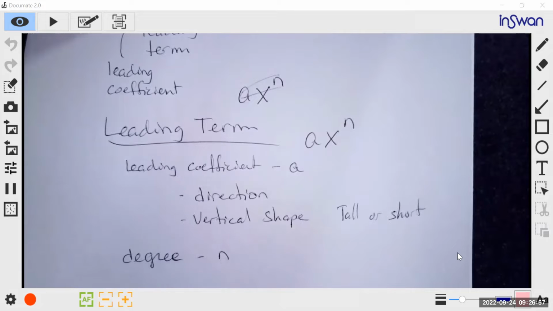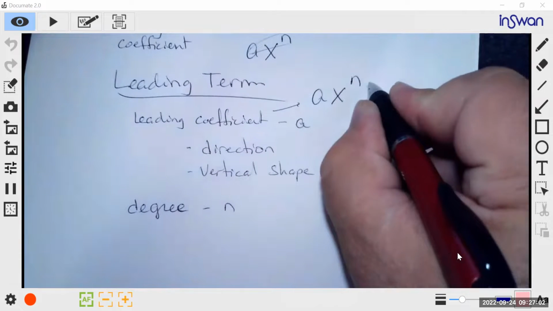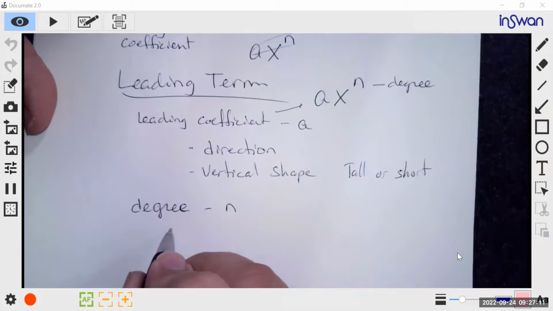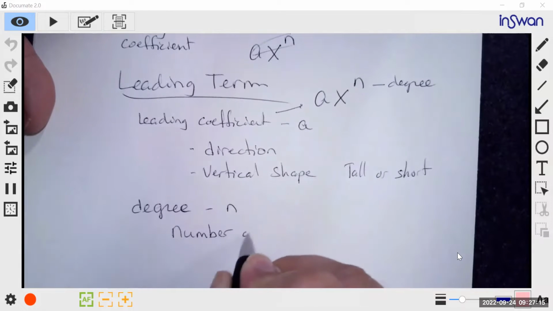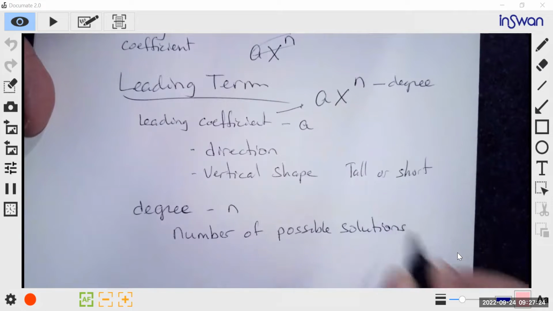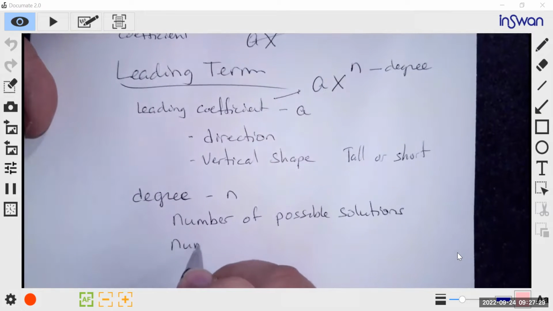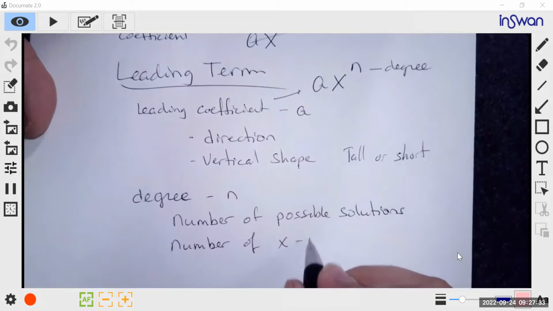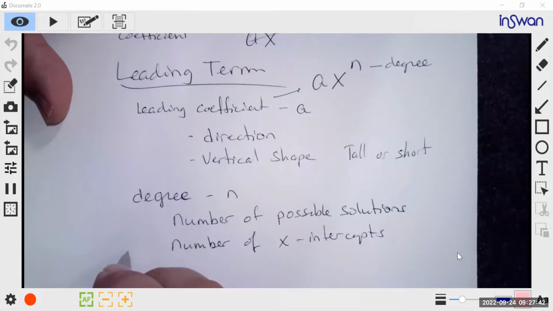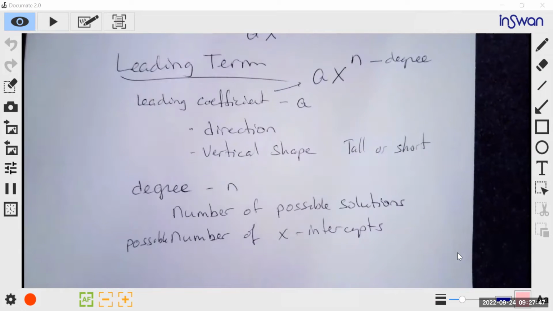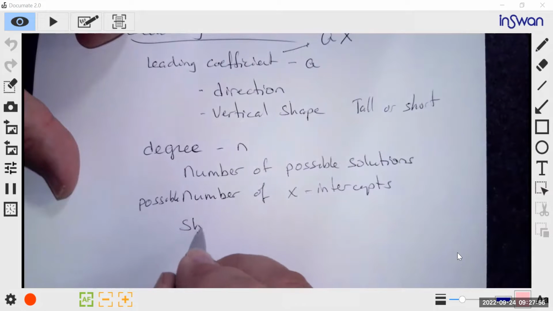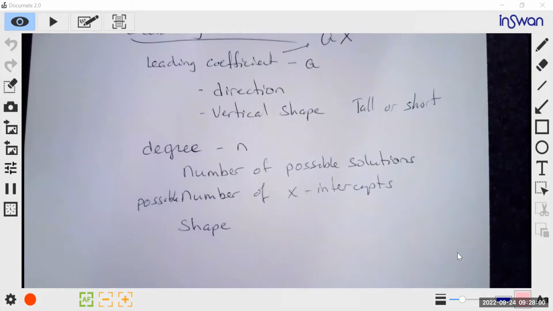The degree n tells us a lot more. The number of possible solutions, or the possible number of x-intercepts, and the shape of the curve.